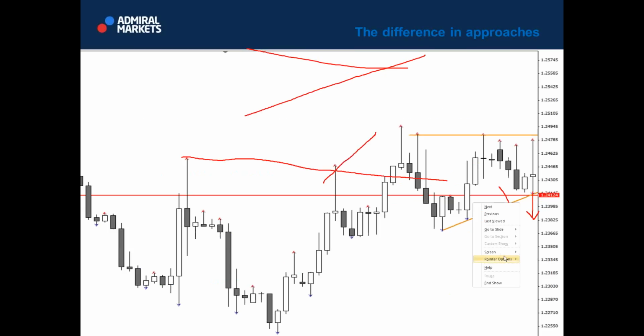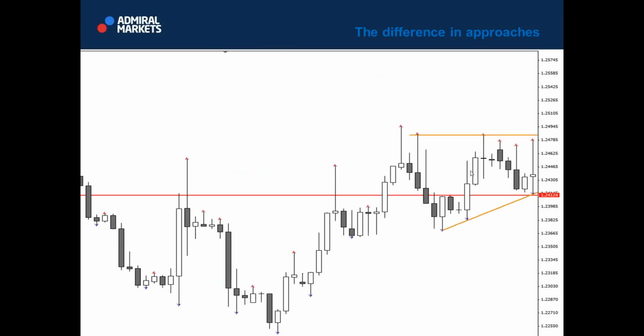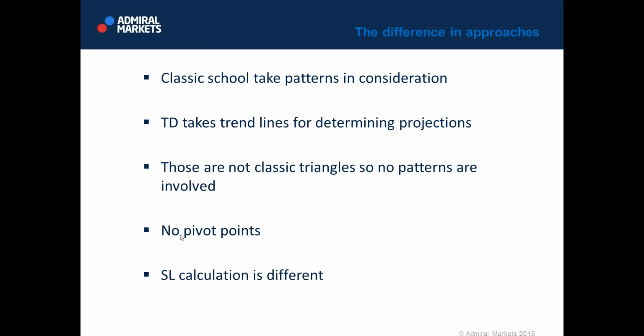So you don't take any triangles, although there is a resemblance to triangles. So no pivot points. Tom DeMark is not using any sort of pivot point in his analysis. He solely uses trend lines, supply and demand levels.